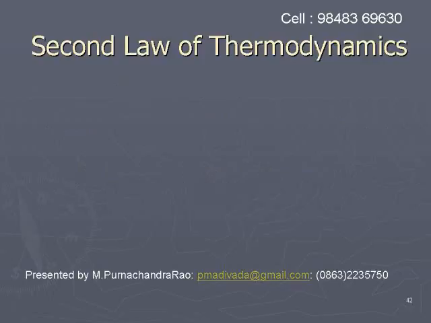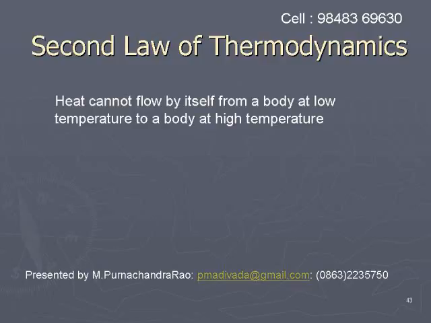Second law of thermodynamics. This law expresses one of the properties of nature, which is heat cannot flow by itself from a body at low temperature to a body at high temperature.